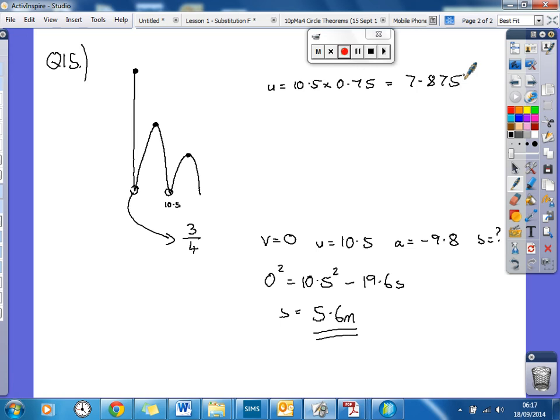Plug it back into the same formula as we did there, except with that u instead of 10.5. So we've got 0 squared is equal to 7.875 squared minus 19.6s. And this time we get s as 3.2. And there we go, part A, part B.